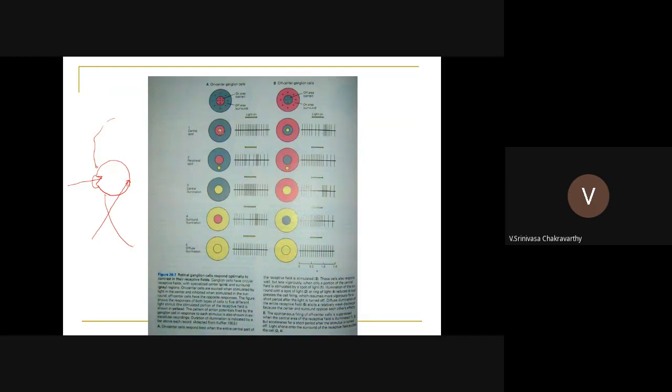The thing is, you have to first identify a ganglion cell, let's say I take a ganglion cell somewhere here. That will respond to light coming roughly in that direction, because light travels in straight lines.